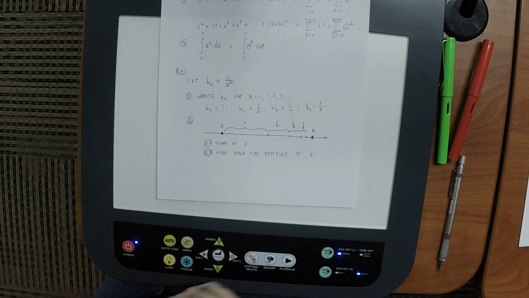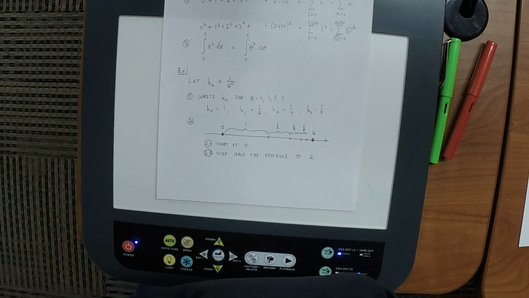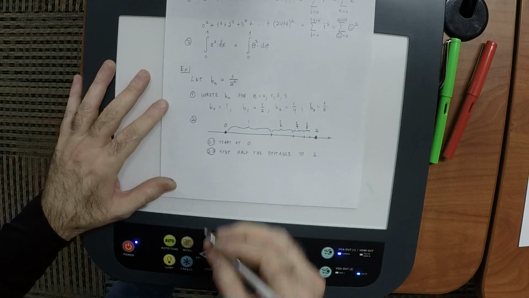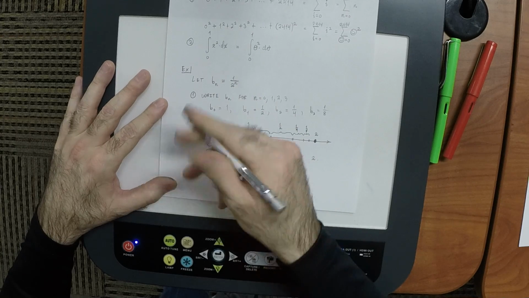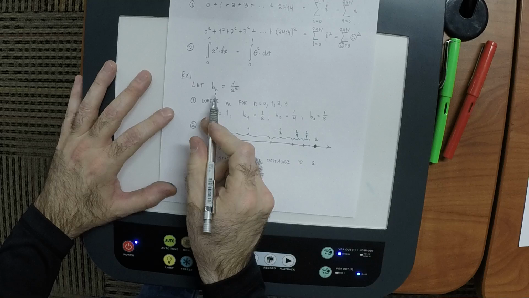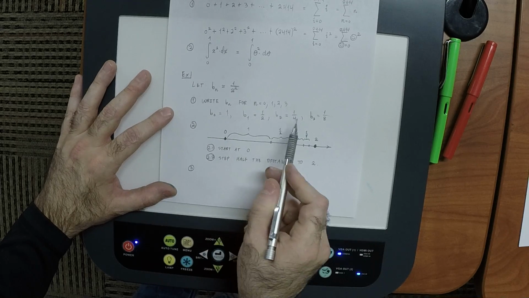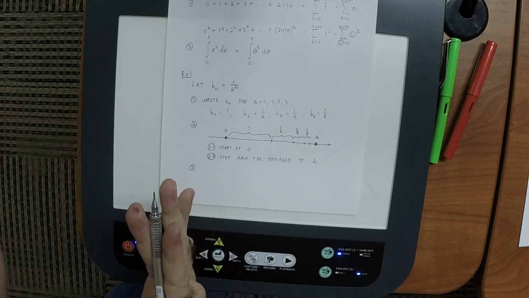You get it? So if the bartender keeps adding half of the previous ones, how many pitchers of beer are there going to be? There's going to be 2 at the end of the process, right? So what I'm telling you is the following. If you take b_n, that's 1 plus a half plus a fourth plus an eighth, and you add them all up.